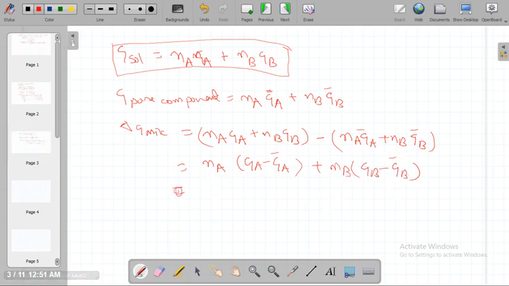Since in the solution, A and B are present as Na moles and NP moles, there is a change in the chemical potential.